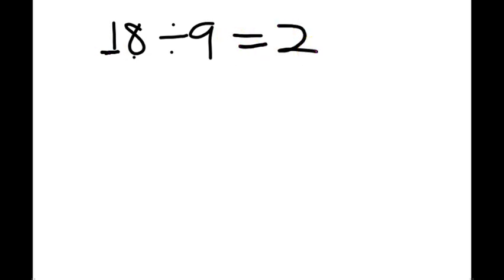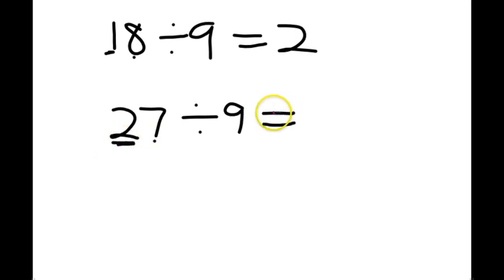2. Interesting, isn't it? Let's say 27 divided by 9. I'm sure that 27 is divisible by 9 because 7 plus 2 is 9. So 27 divided by 9, just look at 2 here and add 1 to it, and that will give you 3, which means that 27 divided by 9 is 3.